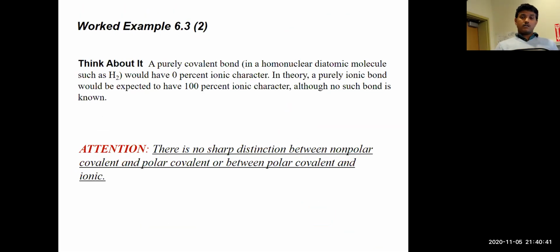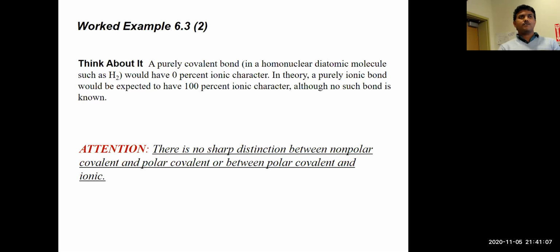So this is the end of this topic. I just want to remind you again that's why we don't have specific boundary lines between non-polar, polar and ionic. There is always a chance of percent ionic character. Actually, percent ionic character is the one that correctly describes the nature of a bond, but you don't need it all the time.